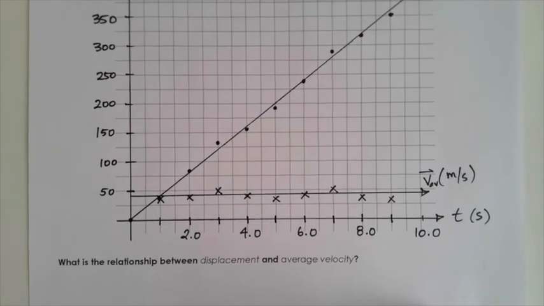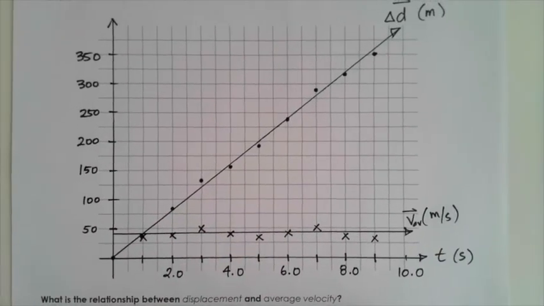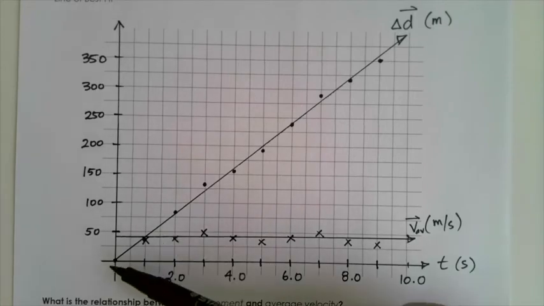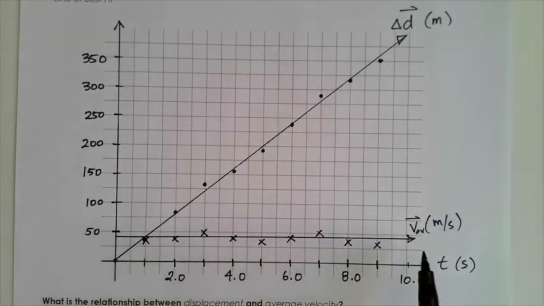So what I'm hoping you observed is that displacement and average velocity are related to one another. If you look at your data for the displacement and you compare the slope of this line to the value of your average velocity, you'll see that they are very closely related.